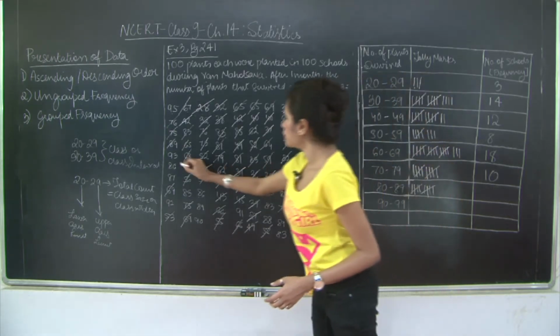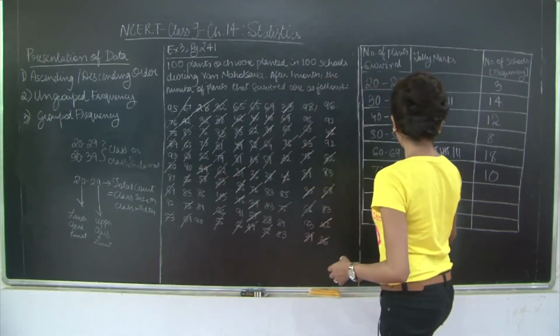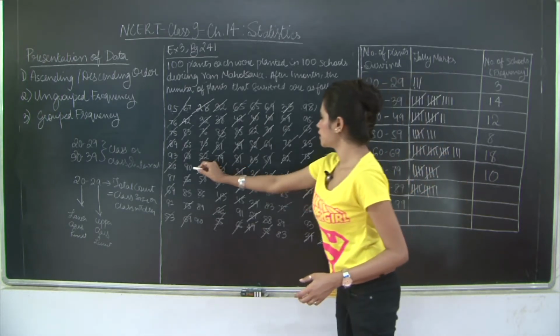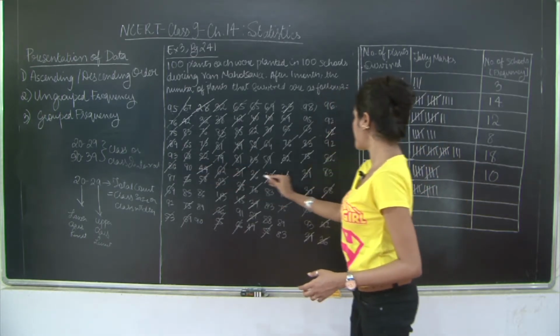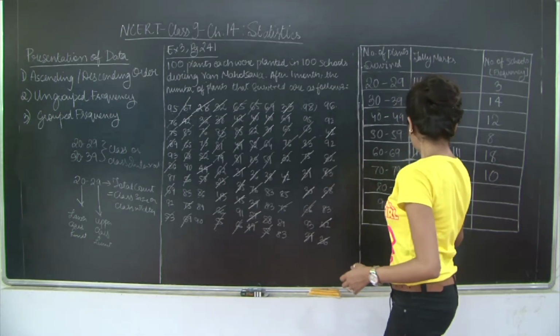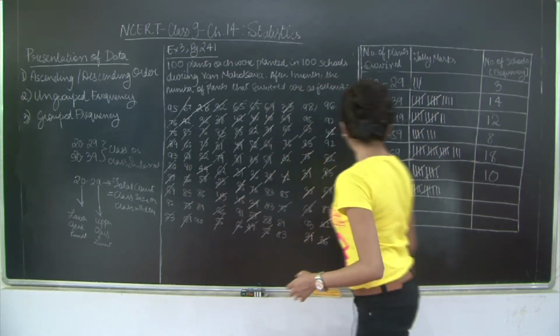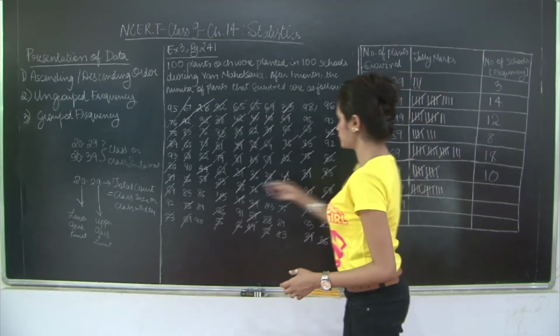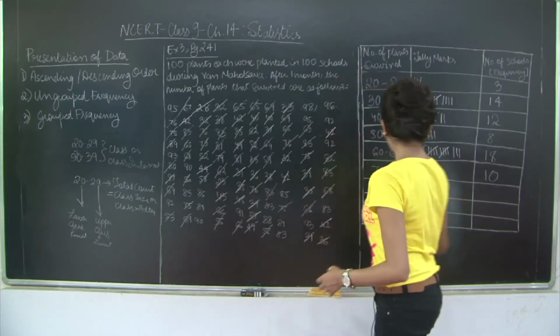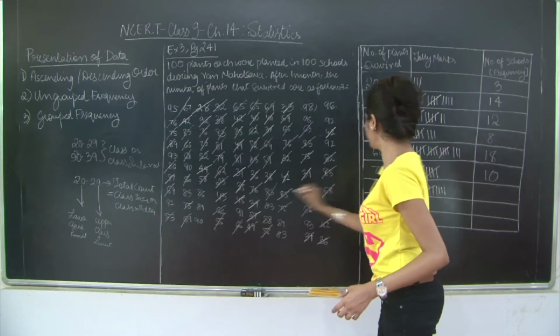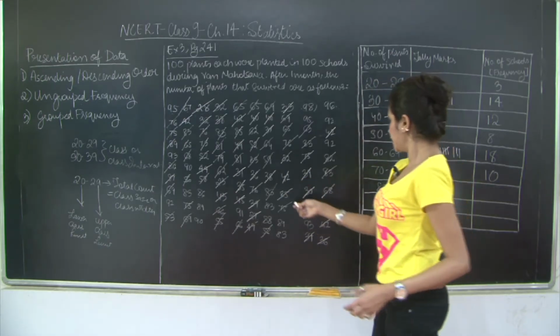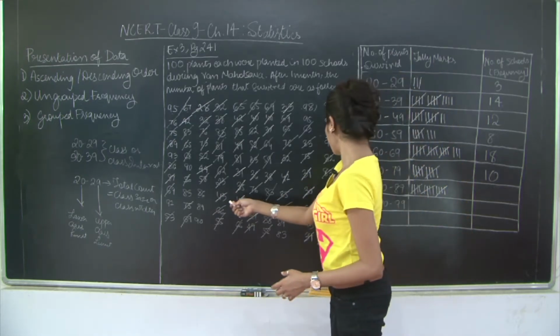Okay, sorted. Now starting again, 1, 2, 3, 4 and 5. Again we'll start with a new group of tally marks if we find more entries.